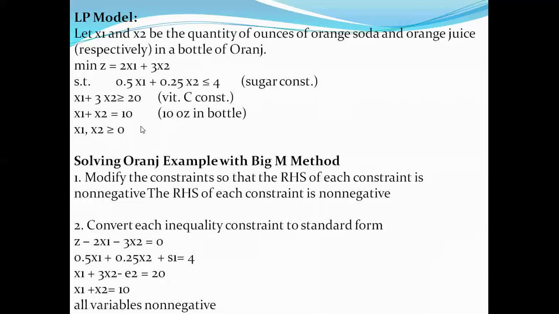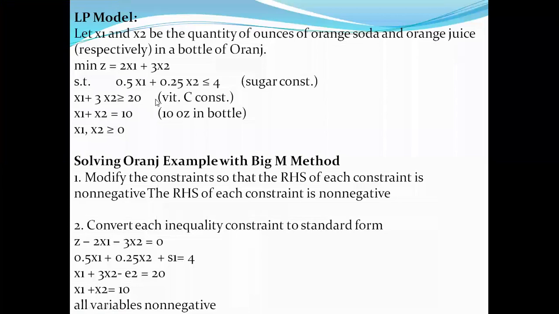Our 4 steps specify that x1, x2 are greater than or equal to 0, and should not be in negative value considerations. So these are the constraints existing in the problem, and upon application of the four different steps involved in the big M method, we'll be solving this orange example problem.